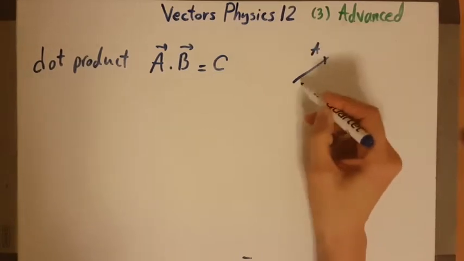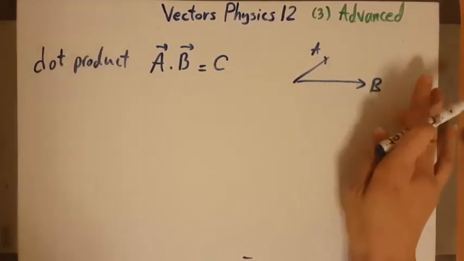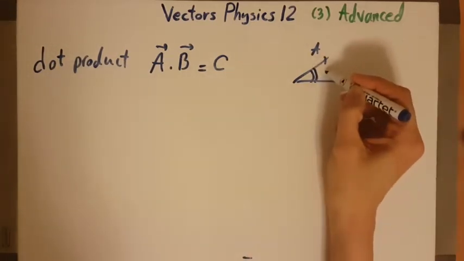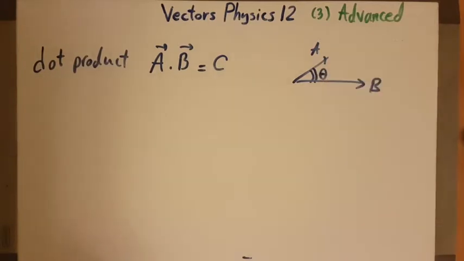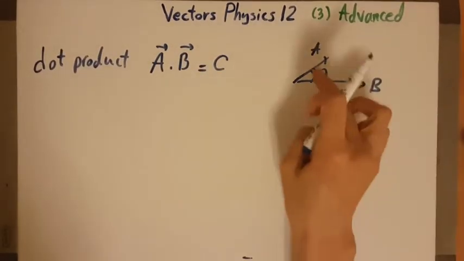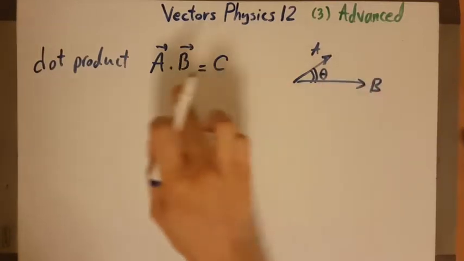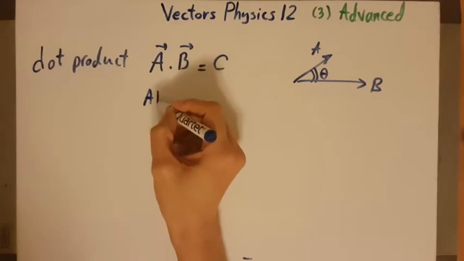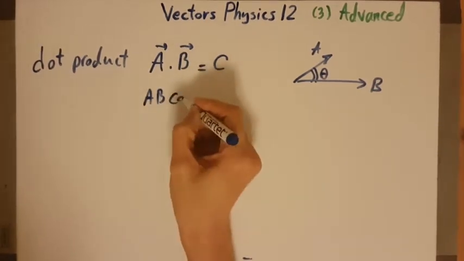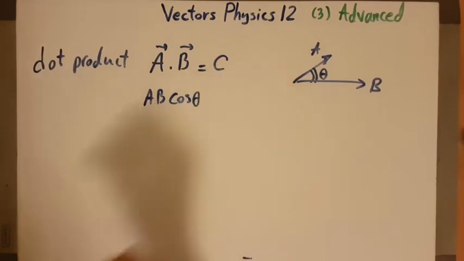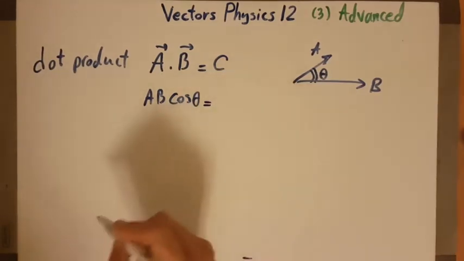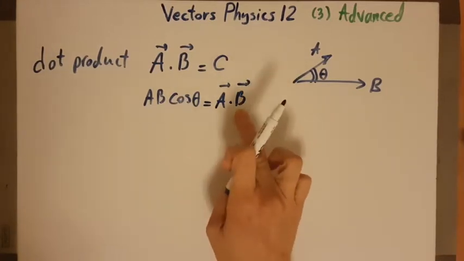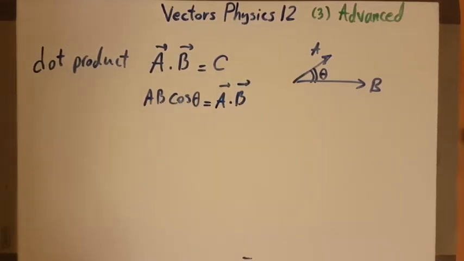This is A and this is B. If you multiply them together, there is an angle between them. If you call this angle theta, the cosine of this angle is what you use for this multiplication. So A times B is the magnitude of A times the magnitude of B times cosine theta.